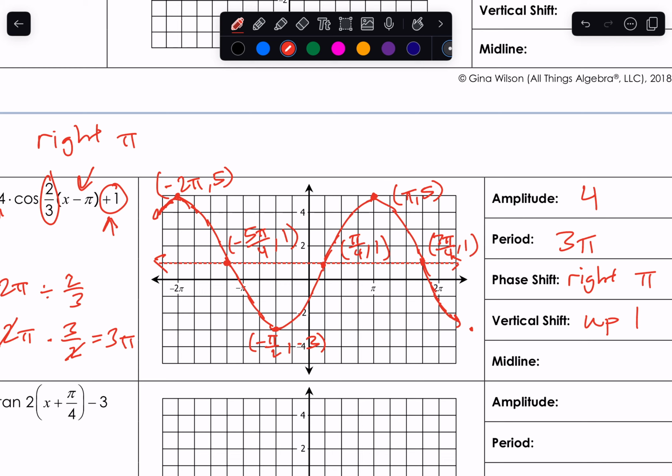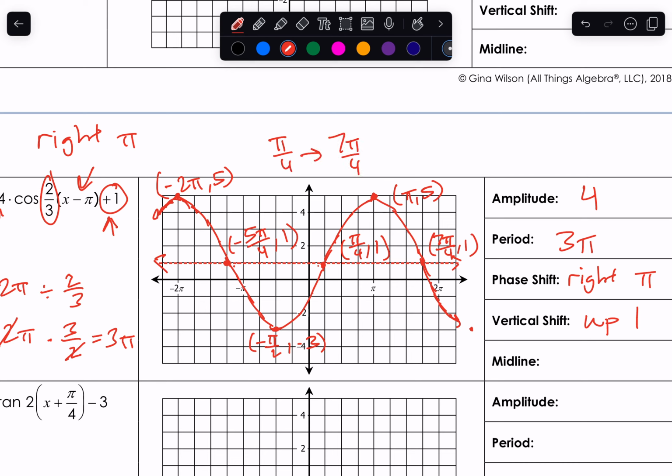What do you notice about the difference between the values of my midline sections, going from pi over 4 to 7 pi over 4?